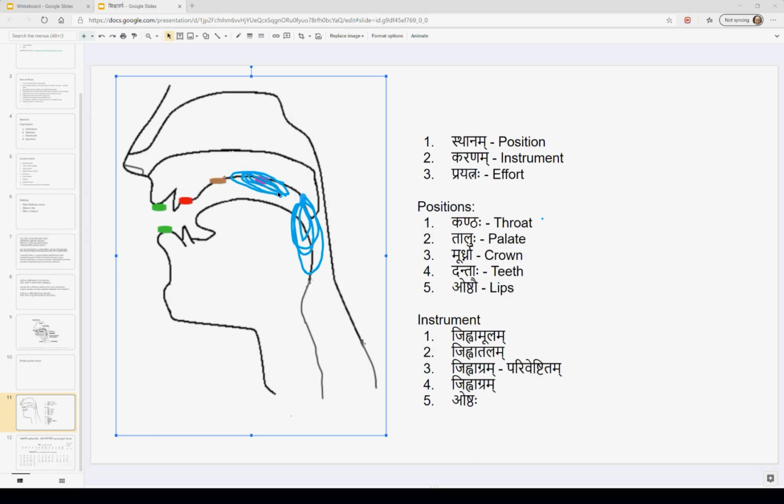I am writing the English translations here, which are approximate. Again, look practically here, and we'll have to decide on the exact position. Then we have the next, murdha, but we'll look at this later.